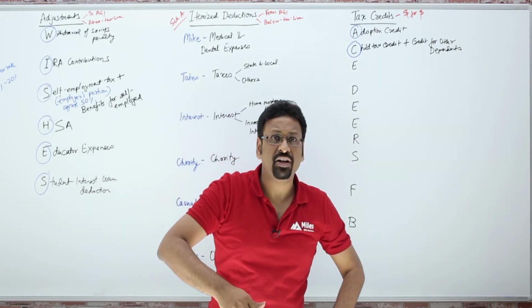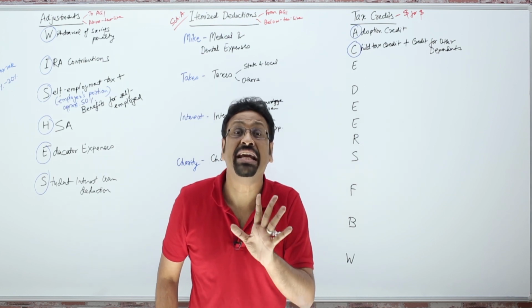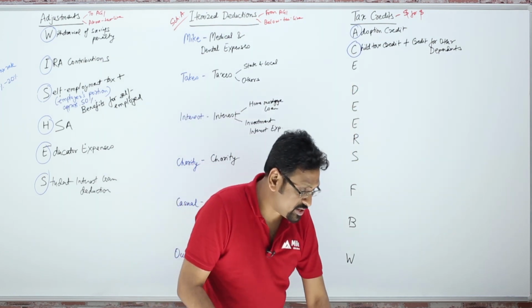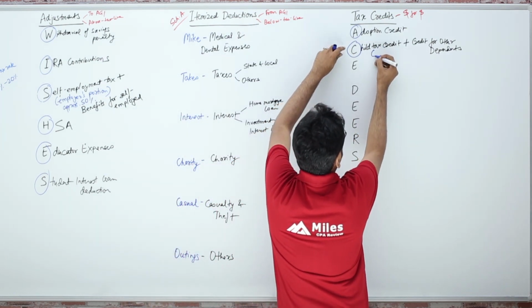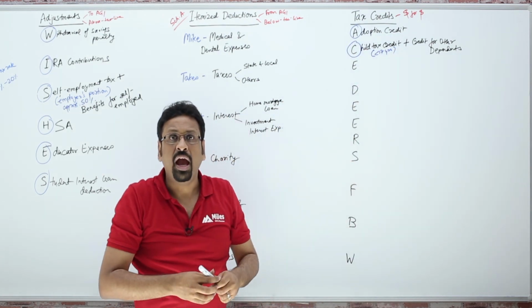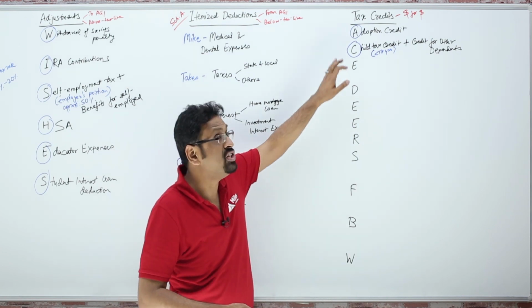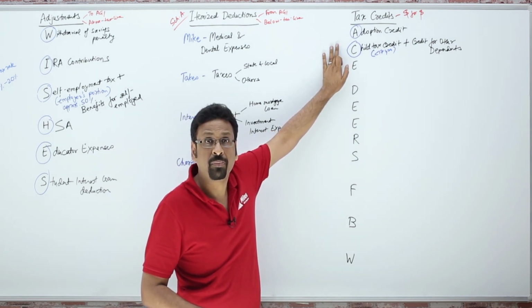So if you have a dependent child who's less than 17 years old, so the criteria here is less than 17 years old, and you meet certain requirements, you would be eligible for a child tax credit.